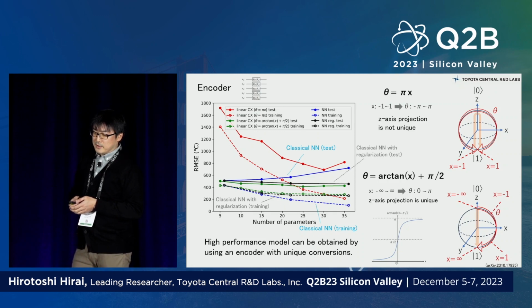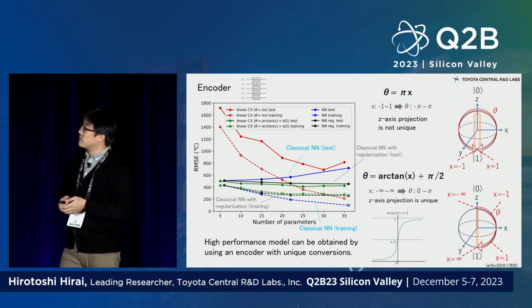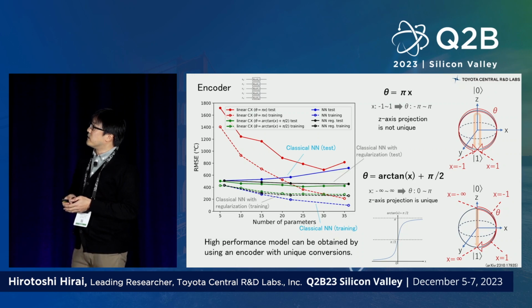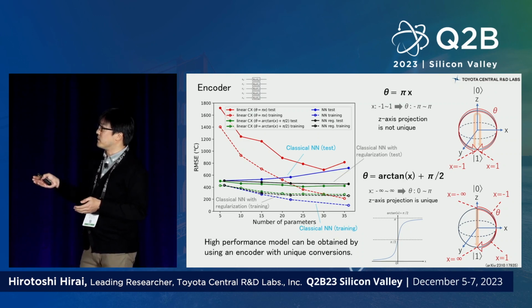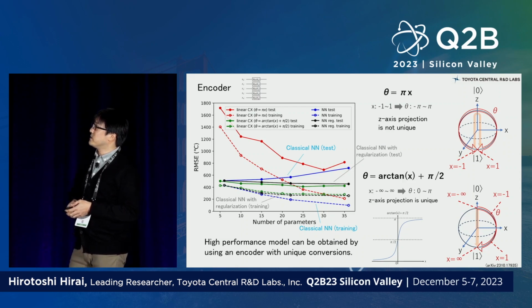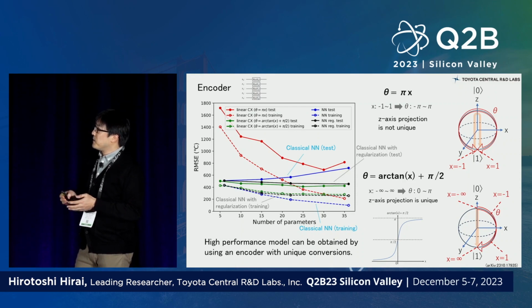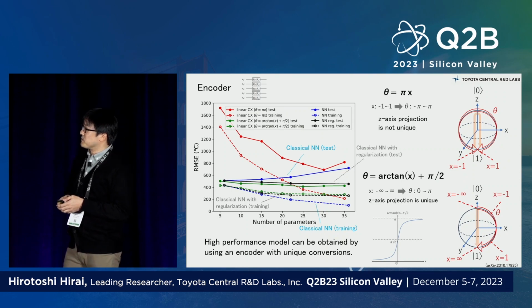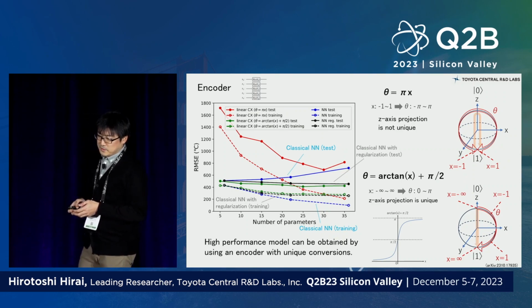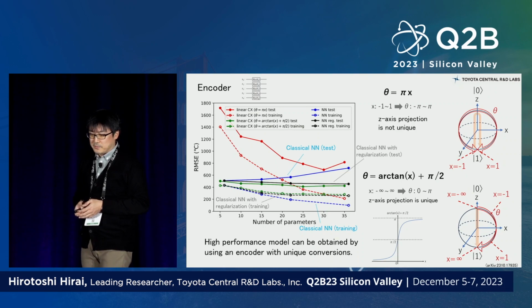On the other hand, with the arctangent equation, we can encode x into a unique quantum state, because the quantum state goes around a hemisphere, half of the Bloch sphere. So the z-axis projection is always unique, and immediately after the encoding the observable is also unique. High performance models can be obtained by using an encoder with unique conversion.